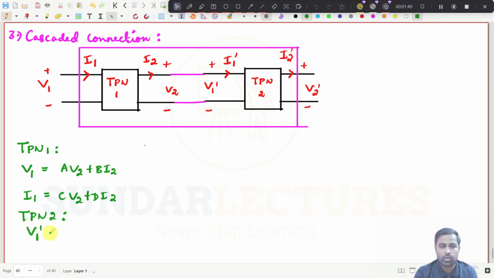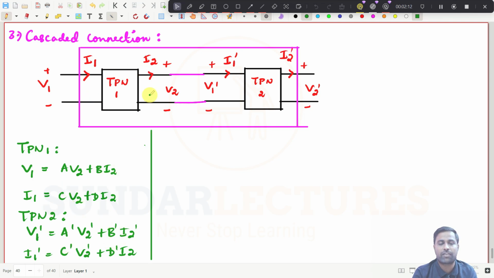So V1 dash is equal to A dash into V2 dash plus B dash into I2 dash. And then I1 dash is equal to C dash into V2 dash plus D dash into I2 dash, right?